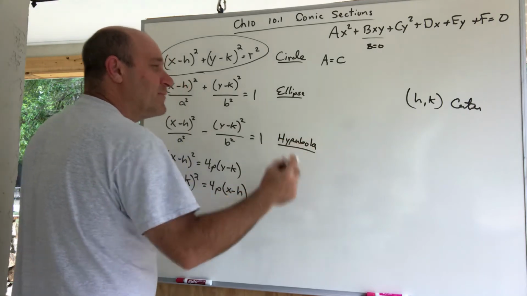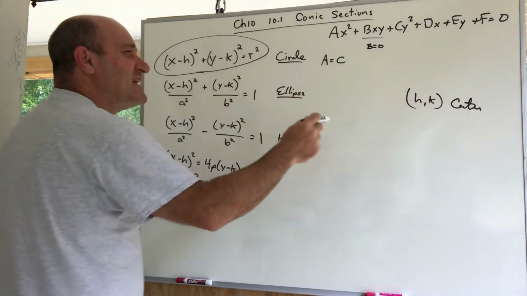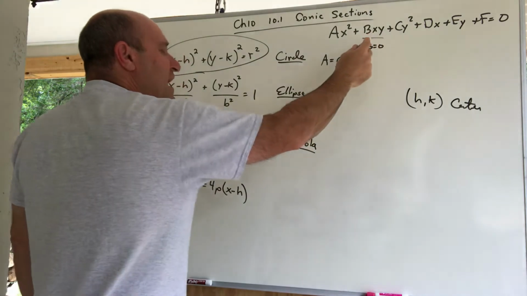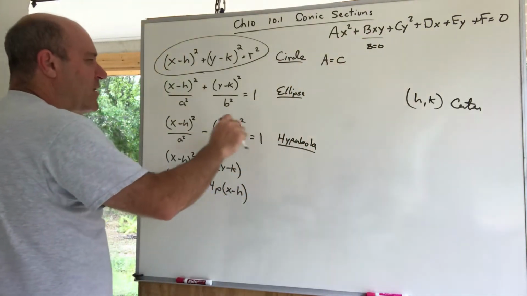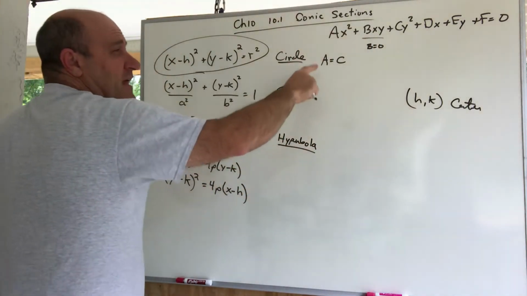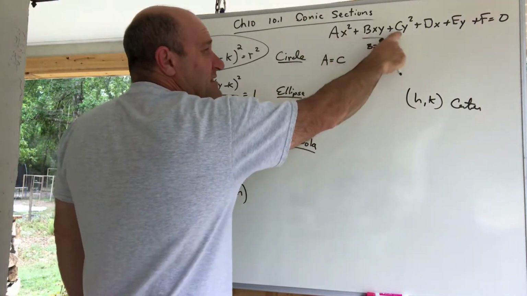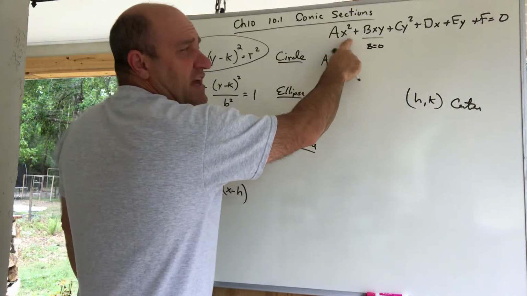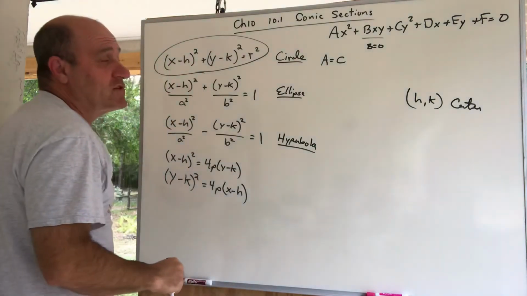Now again, just go back to refer to this. How do we know whether we've got an ellipse or a hyperbola, or a circle? Again, it's all about that a and c, that coefficient on the x squared and that coefficient on the y squared.